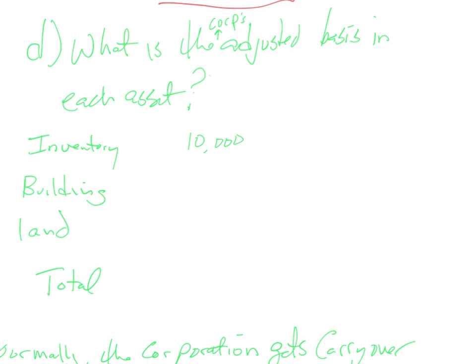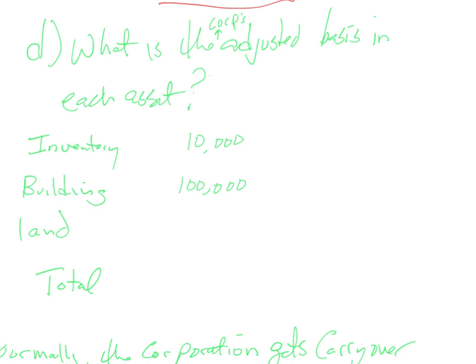The building also, we get carryover basis because its fair market value was still larger than its adjusted basis. So our basis in the building is $100,000.